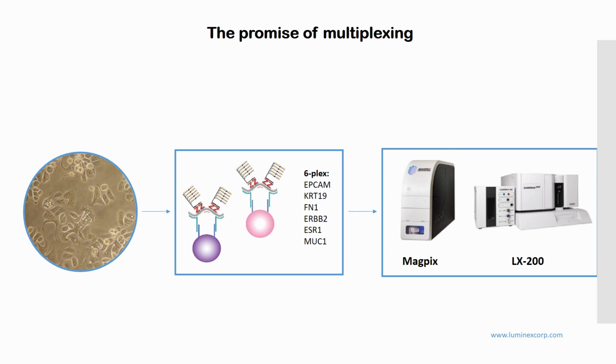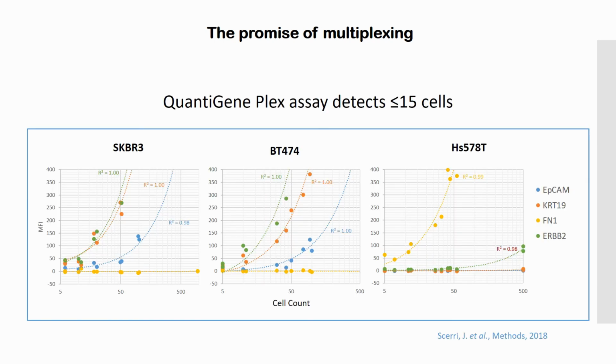What's interesting here is that we did a titration experiment with different cells. Here you see the MFI, mean fluorescence intensity, against cell number. Blue is EpCAM, orange is cytokeratin 19, yellow is FN1, and green is HER2.